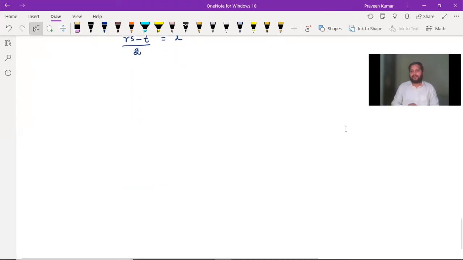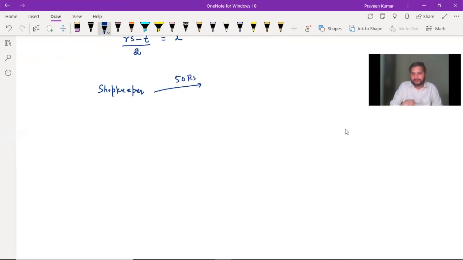Let us think, if a person goes to a shopkeeper and the shopkeeper gives him the first pen for 50 rupees, and after that he gives every pen for 40 rupees.